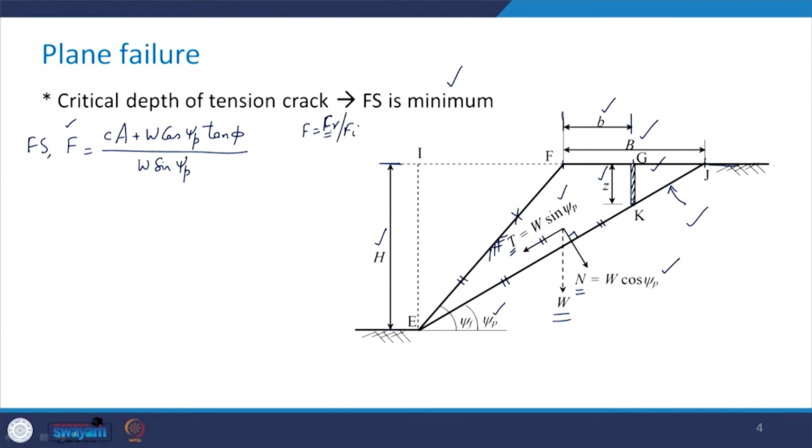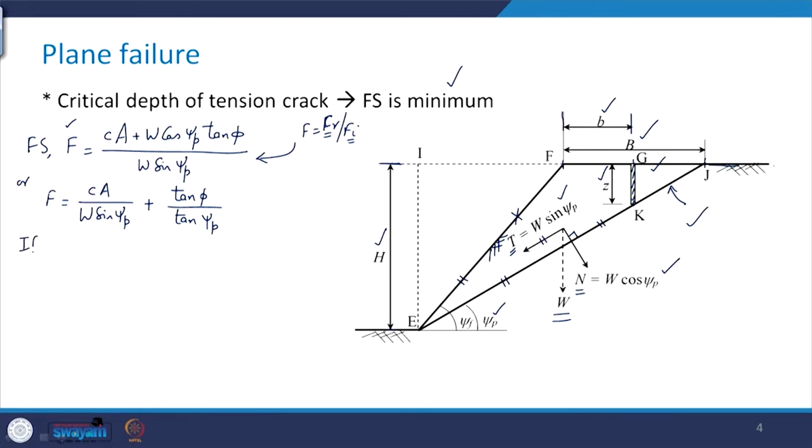Fr was the resisting force and Fi was the force which was inducing the sliding. So, we can write this F as C into A divided by W sin psi p plus tan phi divided by tan psi p.